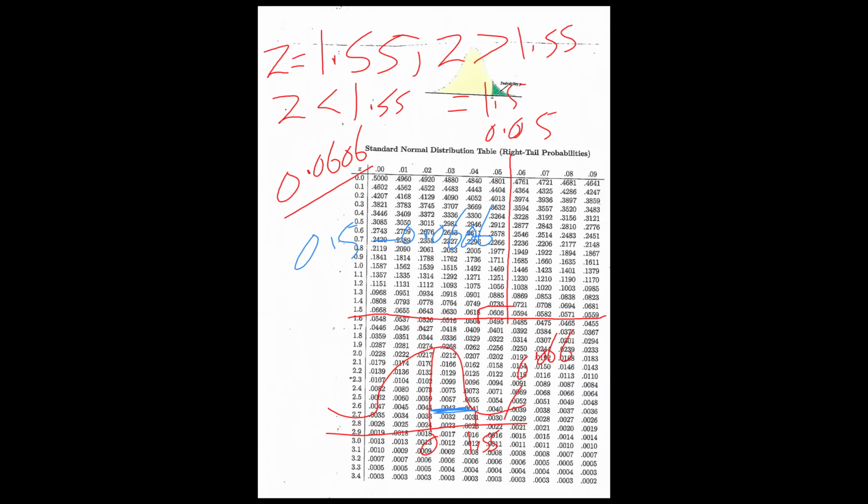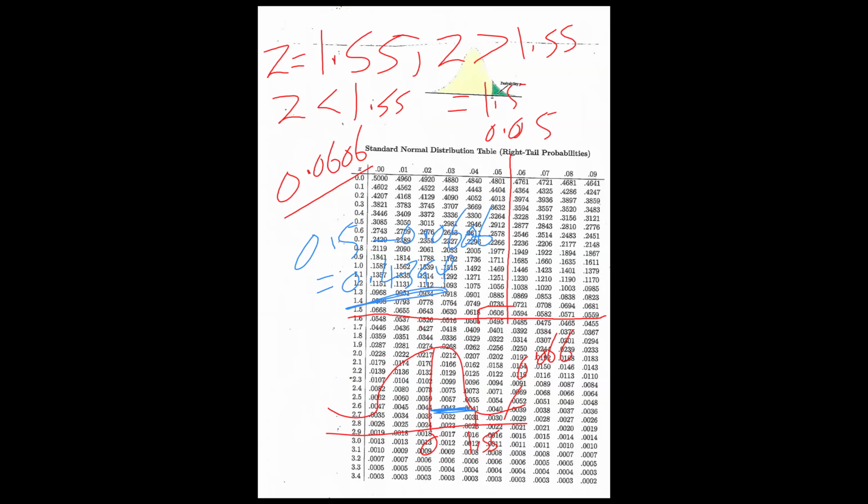Which is how much? This is 0.4394. This is the probability that Z is equal to that specific number.